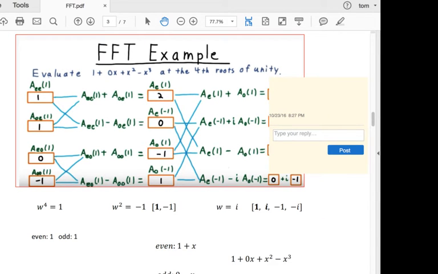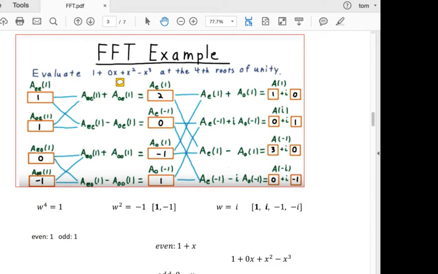Cool. So here is omega to the power of 0 equals 1. So negative 1 to the power of 0 is 1. So just 1 minus 1 is 0, 1 plus 1 is 2. The same for this part.